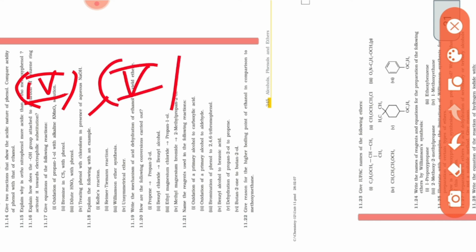Then number 5. Number 5 is like that only. CH3 is here, 1 CH3 is here. Then OC2H5. So the name of this one will be, see the numbering, we have to start from there only, because 1, 2, 3, 4, 5.